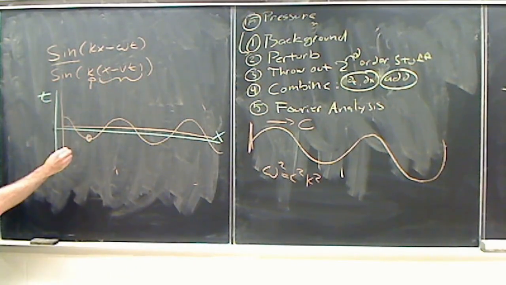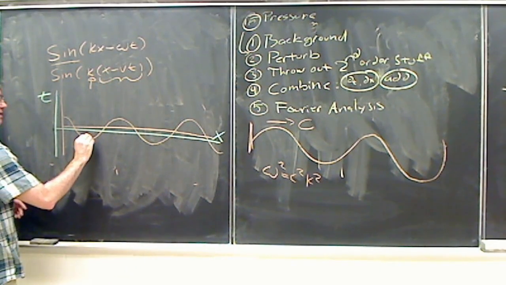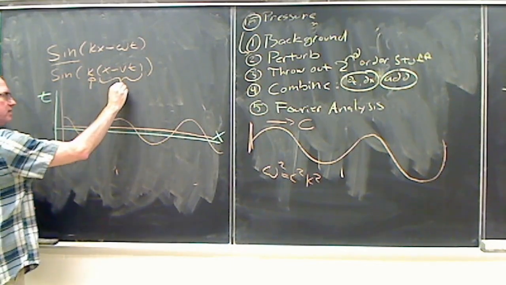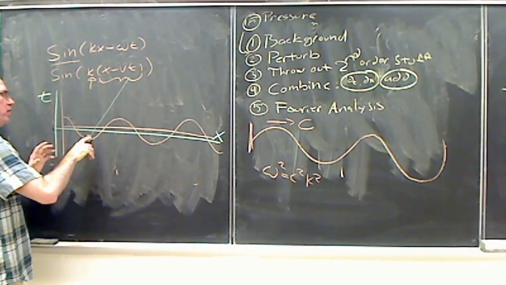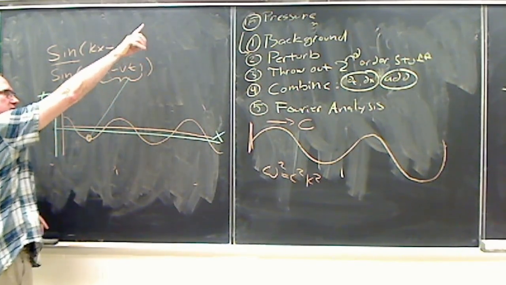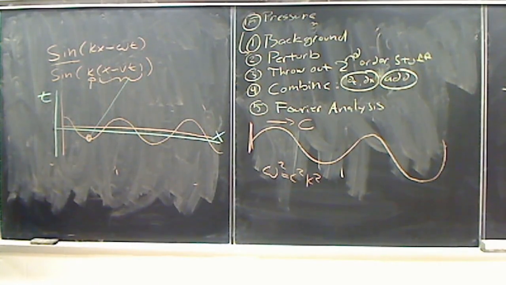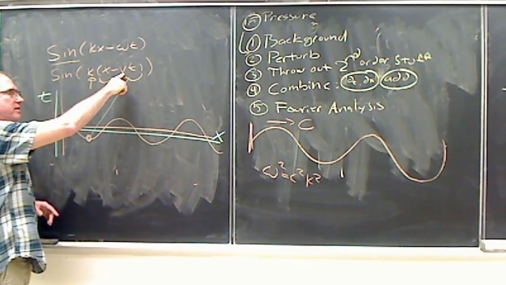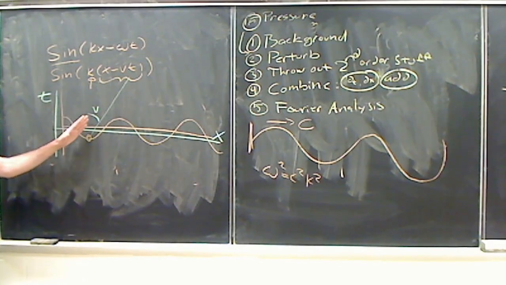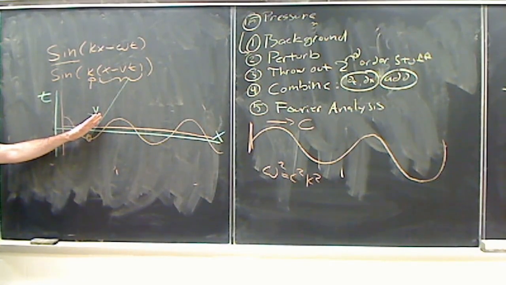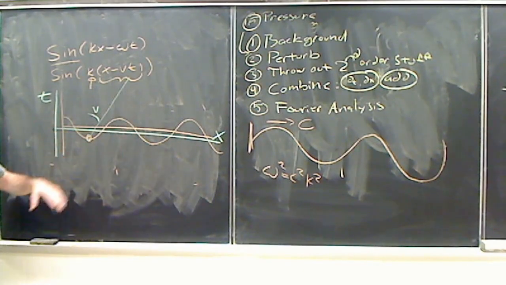This is time. So this is going to travel upwards as this whole thing translates this way. This point will just travel along this angle. And that angle is given by the velocity. So the velocity makes an angle with the time axis of that. So a higher velocity gets you a steeper angle, and the thing will translate along faster.